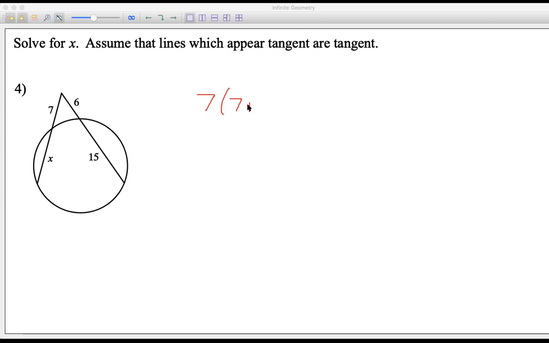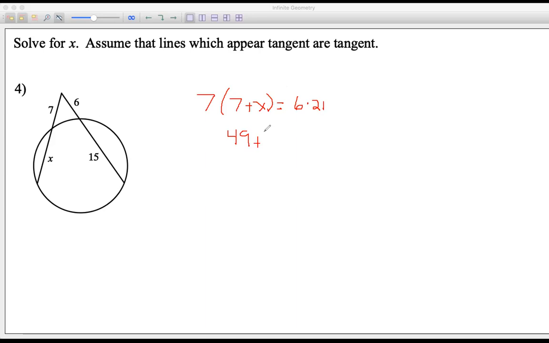Why did I write 7 plus 4? 7 plus x. And that equals, he already did the 6 times 21. Okay. So what do we get on the left side? 49 plus 7x. And what did you say the other side turns into?